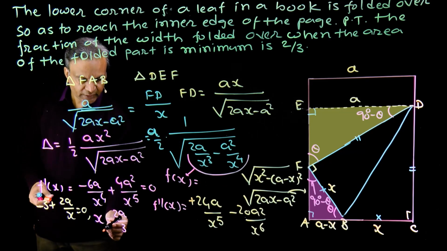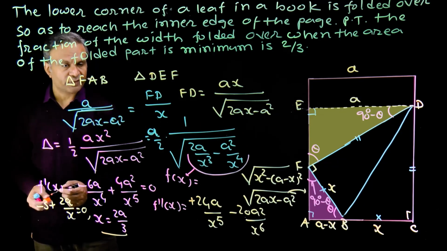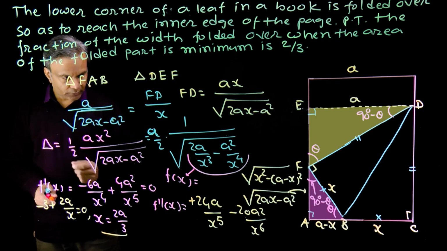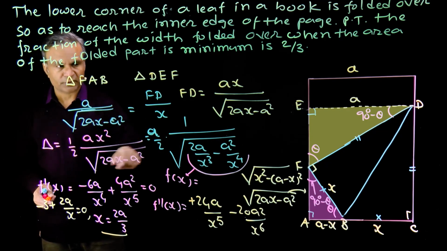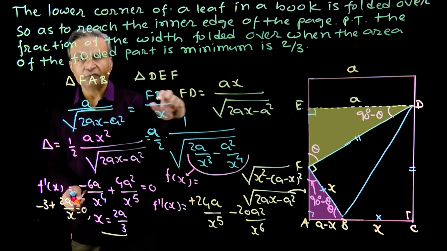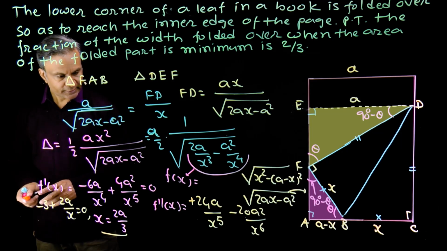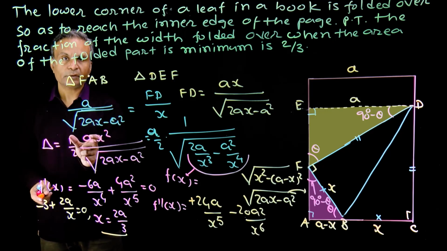So this will be the point of maxima for this function f(x), and the point of maxima of this function will be the point of minima of the area function.